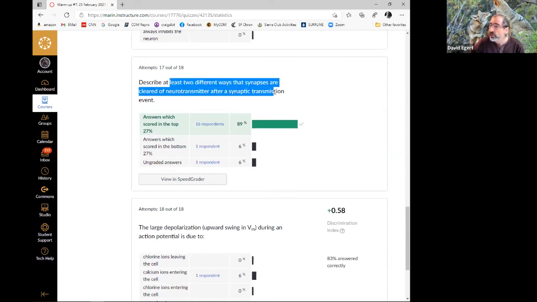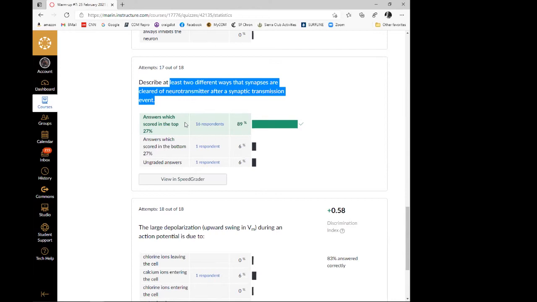Describe at least two different ways synapses are cleared of neurotransmitter. Most people got this. There's three main ways we talked about. One is using enzymes to break them down.